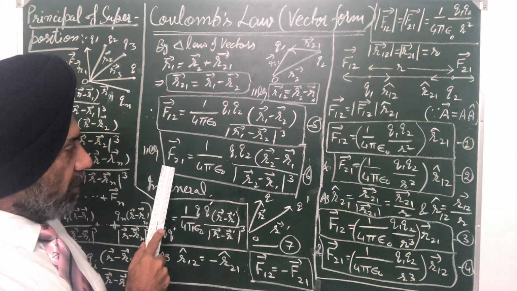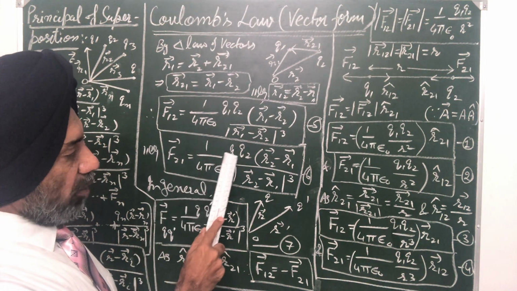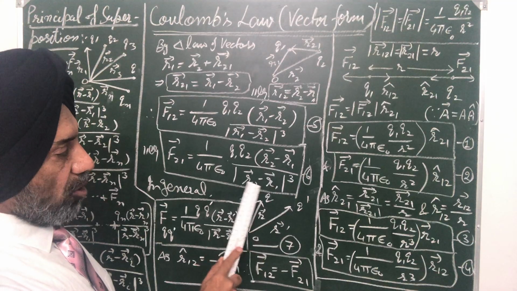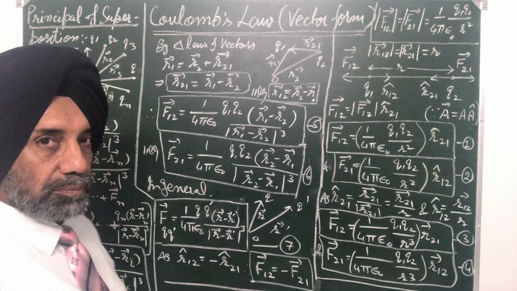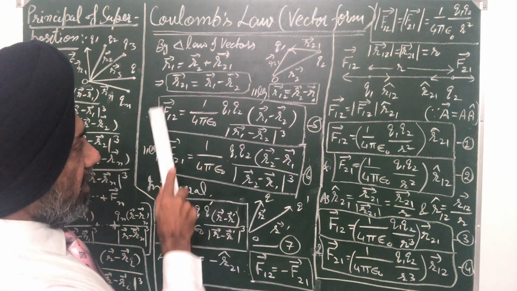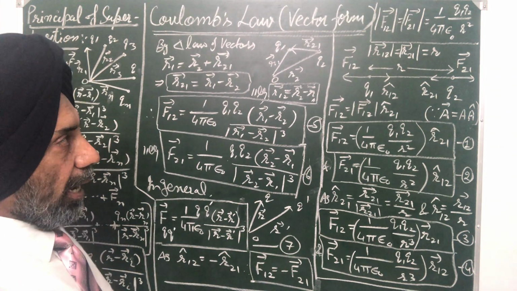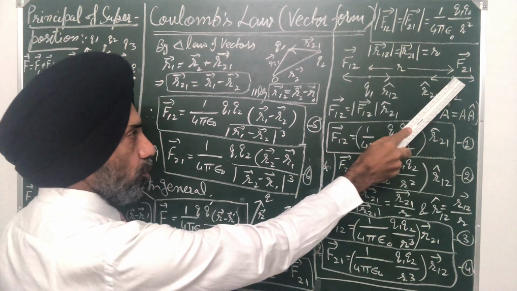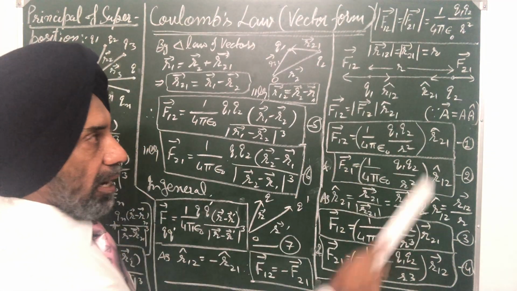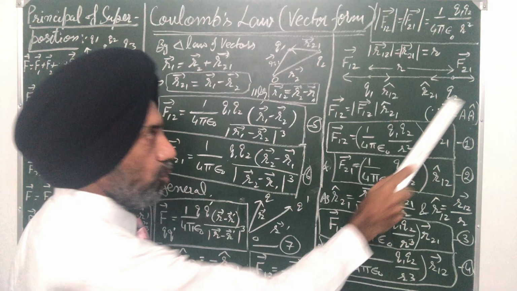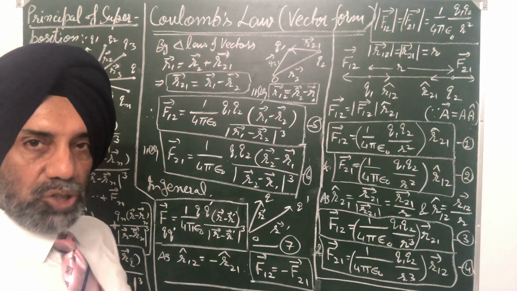Similarly, we can write F21 equal to 1 upon 4 pi epsilon naught Q1 Q2 R2 minus R1 upon R2 minus R1 mod cube. So it is very simple and easy to remember. When we have to find F12, what is F12? F12 is the force experienced by Q1 due to Q2, and F21 is the force experienced by Q2 due to Q1, because this force is mutual.